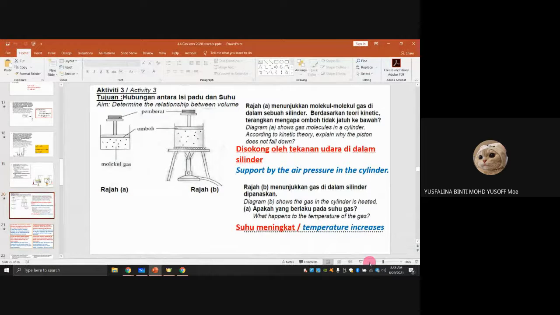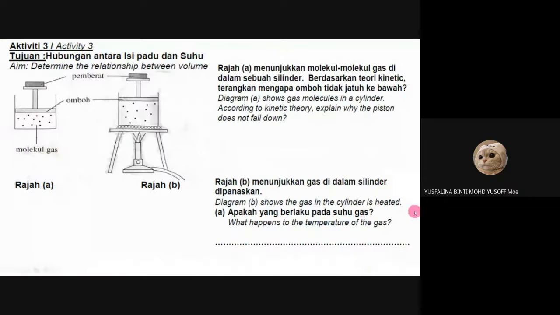Okay, let's move on to the next topic. Last week we learned Boyle's law. So we know that pressure is inversely proportional to volume, and when the pressure increases, the volume decreases.